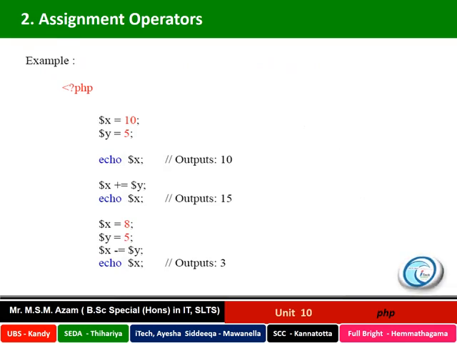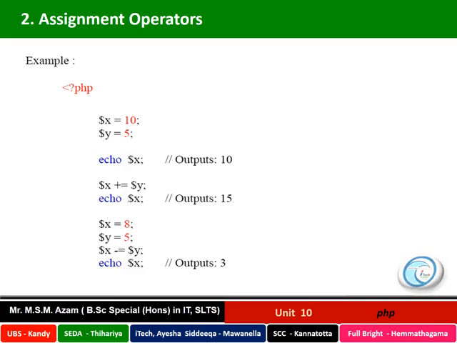I have declared two variables x and y. Value given to the variable x equal 10 and value given to the variable y equal 5. First I say echo $x. That means it's going to print the value of the variable x, that is 10. I mark that output with a comment. You know, in PHP we can mention a comment with 2 slashes. After that I use the first assignment operator plus equal. That means add and assign.